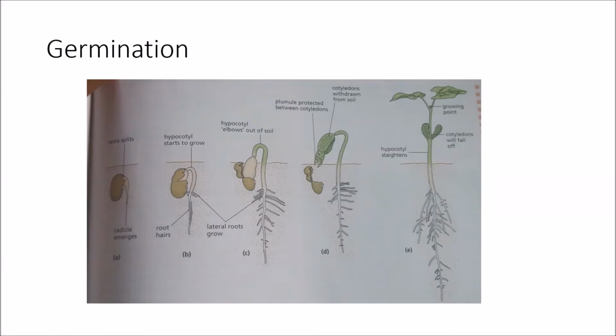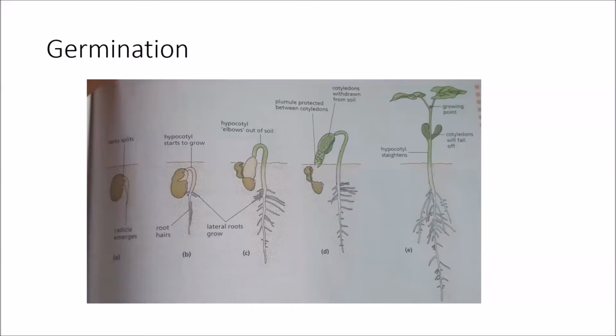Okay, so once it reaches that point, it is now officially a seedling, and this plant can now fully support itself. It has a strong root system, so the roots can get water and minerals, and the leaves at the top now can do photosynthesis.